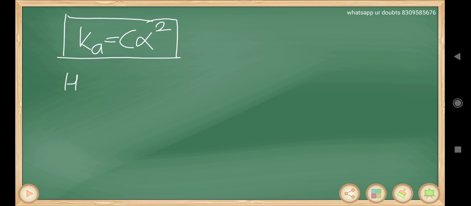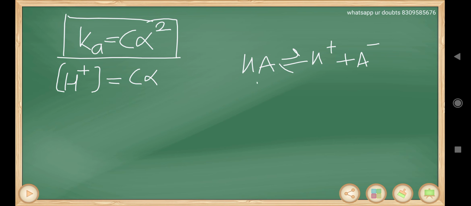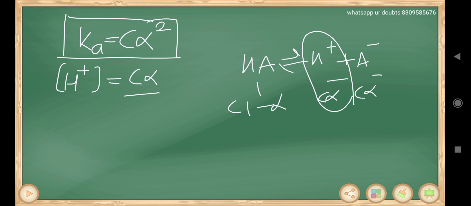Another thing you can notice there: H plus concentration we were writing as C alpha. Just now we were writing HA gives rise to H plus plus A minus, initially 1, then 1 minus alpha, alpha and alpha. If you multiply this with C, H plus concentration is nothing but C alpha. I will write the formula again.